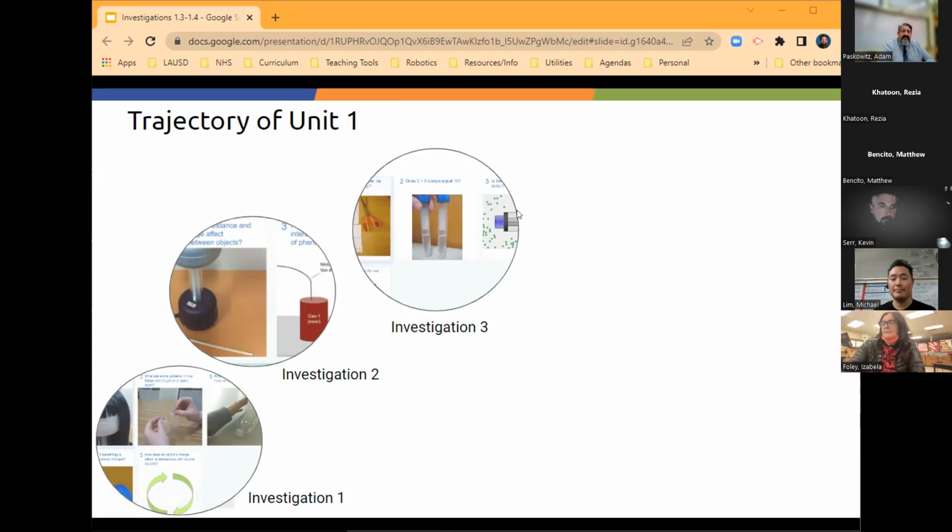Then investigation 3 is really about looking at the nature of matter. So we look at the ancient Greek version of matter, that it was this continuous model.